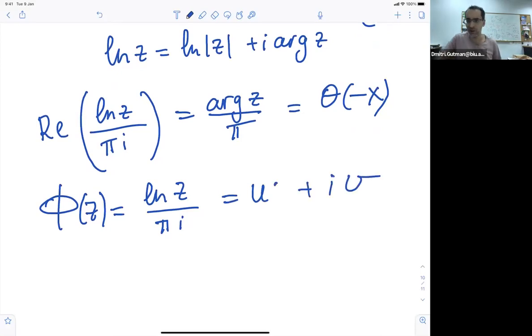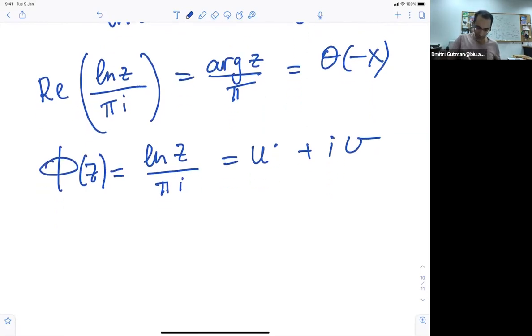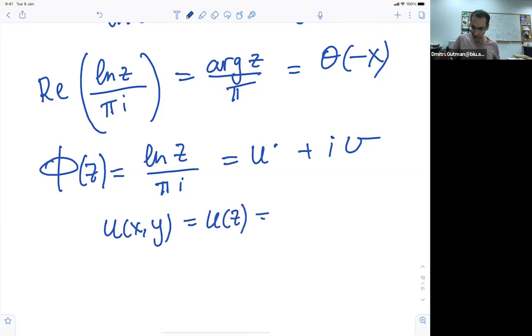By construction they must be harmonic function, ולכן הדבר הזה, u של x ו-y, on the complex plane, או u של z, זה real part של 1 over pi I logarithm z.